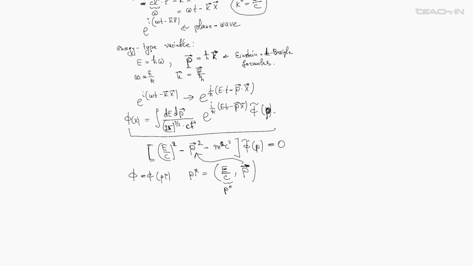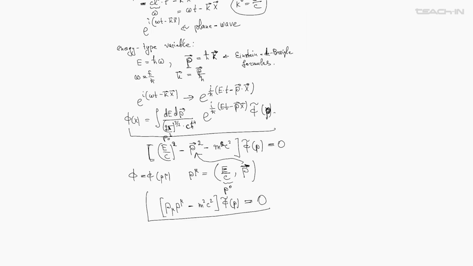And so this means that what you get is an equation of the following form: p mu, so relativistic square of p, minus m squared c squared, acting on a Fourier image of field phi, gives 0. So this is an equation which you have for the Fourier image.